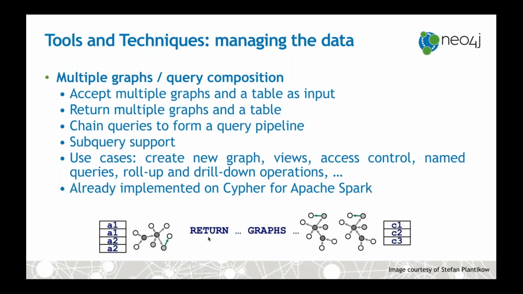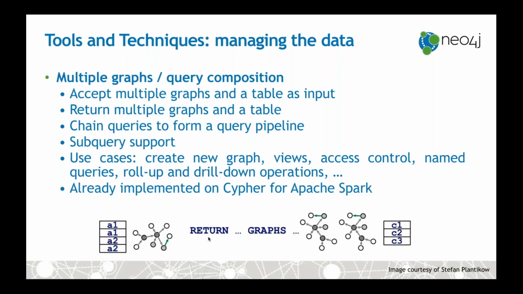So the idea that we can return a graph would be a super, super useful thing to do. With this ability, we've also defined the way a query can be chained to form a query pipeline. You can imagine your first query loads a graph from somewhere, a named graph, operates on that, and creates a new graph out of it, returns it, and that gets fed into the next query, which then maybe does something slightly different to that.